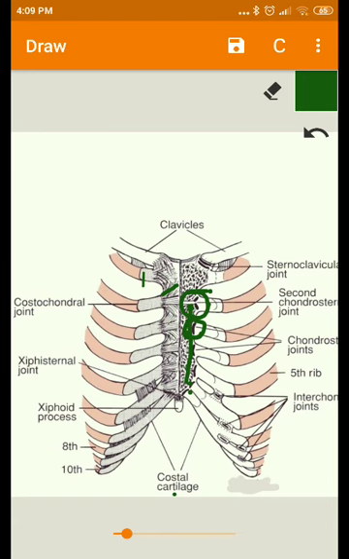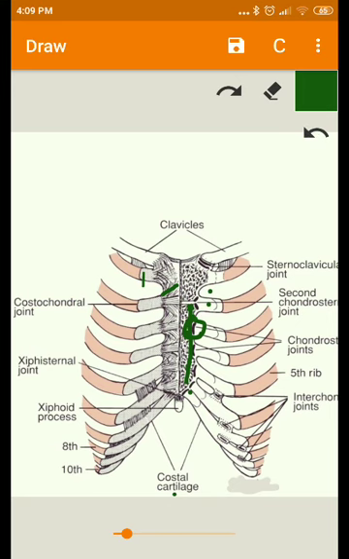And this capsular ligament is reinforced by a triradiate ligament. Okay, so this is about the chondrosternal joints.